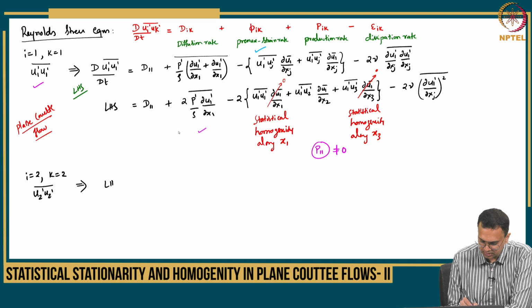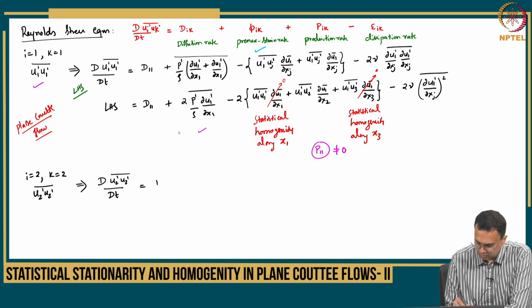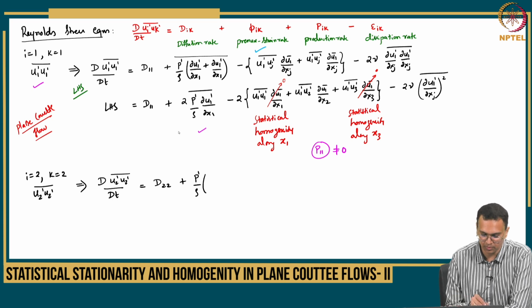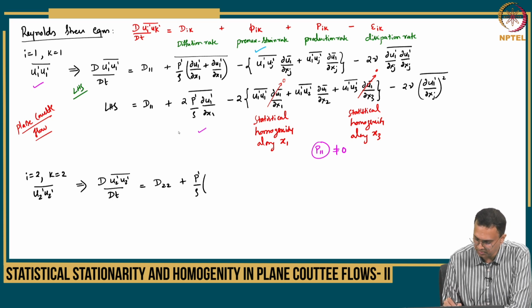So the LHS will be du2 prime by dt equal to d22 plus I have the pressure strain rate term, which is p prime by rho. This is i and k, i equal to k here, so it's dou u2 prime by dou x2. Since you are already experts of all this, it's easy to see it.